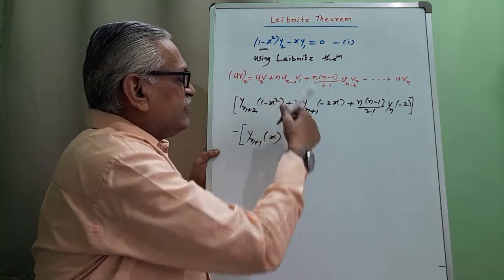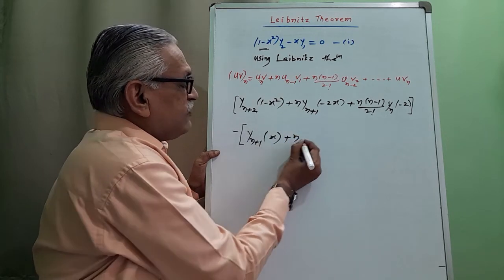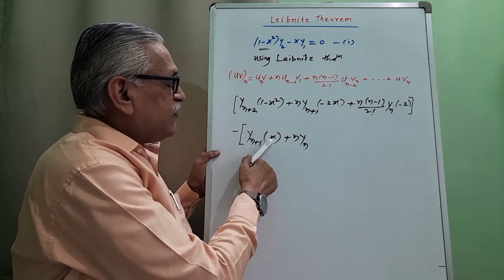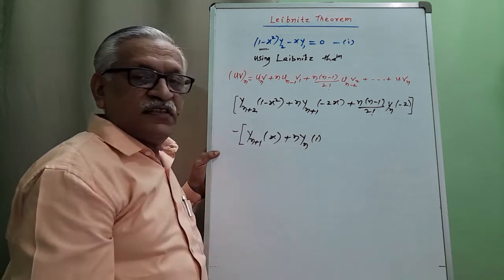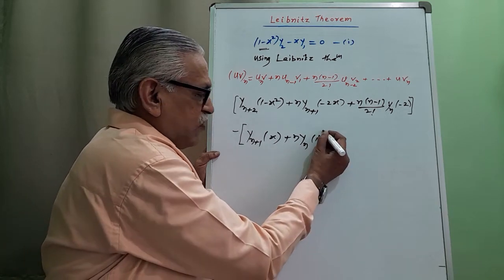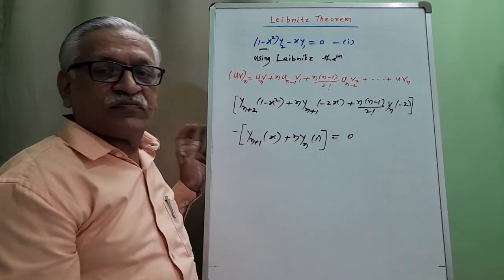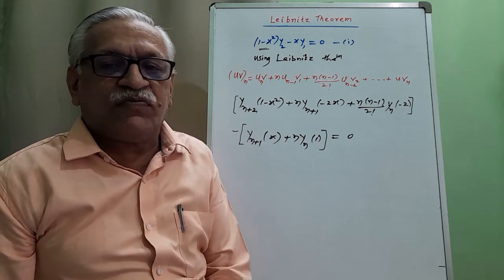Next, n into u(n minus 1), decrease suffix by 1, we get next as yn. Differentiation of x with respect to x is 1. Next derivative becomes 0, we stop here, and that is equal to 0. This is the application of Leibniz theorem.